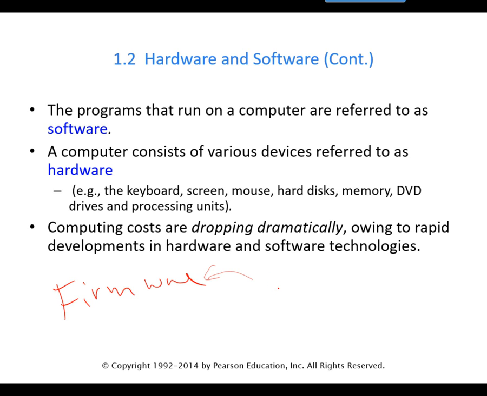So when we look at embedded systems, a lot of what we look at is firmware. If we look at, for example, a microwave oven, everyone's used a microwave oven, right? A microwave oven has a keypad, it has an LED or LCD display, it has a push button to open the door, it has a magnetron that provides the heat, it has a spindle that turns the food around in most cases today.